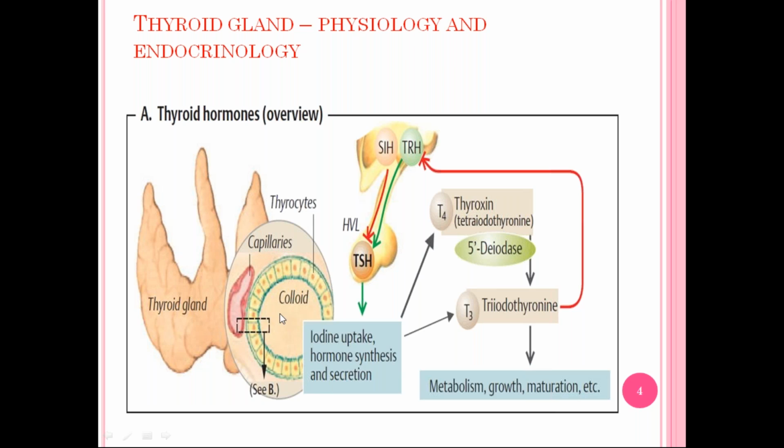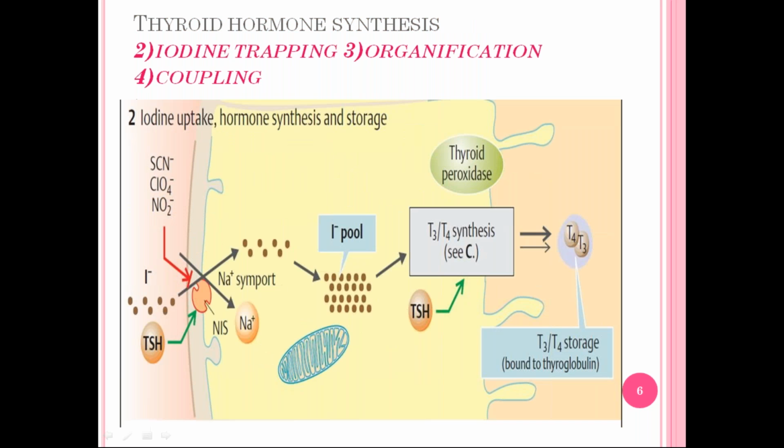With the sodium it goes into the cell. This is the lumen of the follicle, and this is the blood vessel. So from the blood vessels, iodide comes, actively transported with the help of sodium, and then the iodide pool is formed.